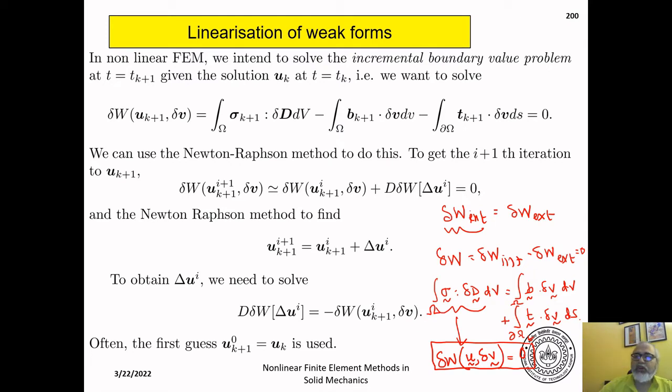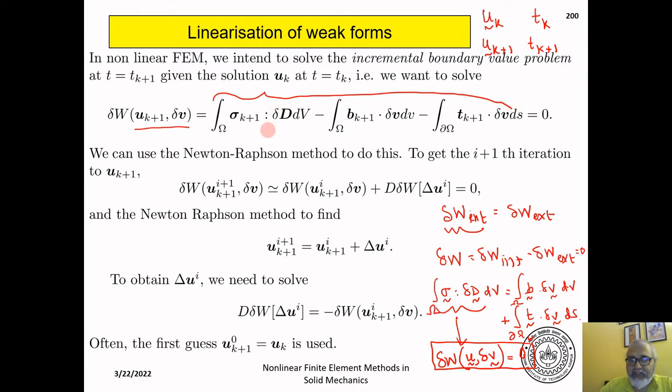The time does not actually have a meaning, but it's something like a counter that keeps track of how much load you have applied. So let us say I have obtained the solution UK at time tk, and I now want to obtain the solution UK plus 1 at time tk plus 1. And to do that, I will use the Newton-Raphson method on this fact that del W of UK plus 1 comma delta V, it's a function of delta V, because I am using this weak form in the current configuration, and this quantity has to be equal to 0.